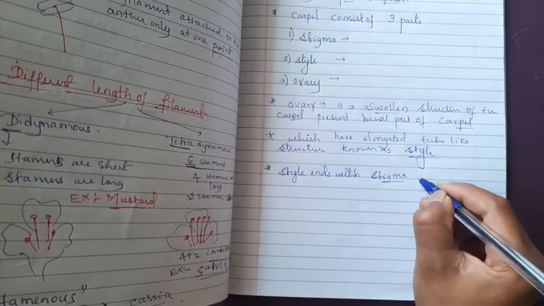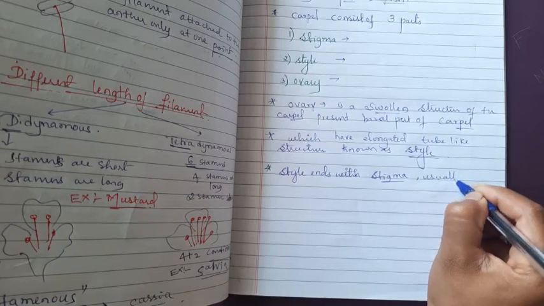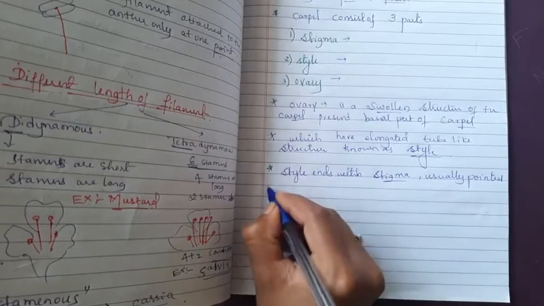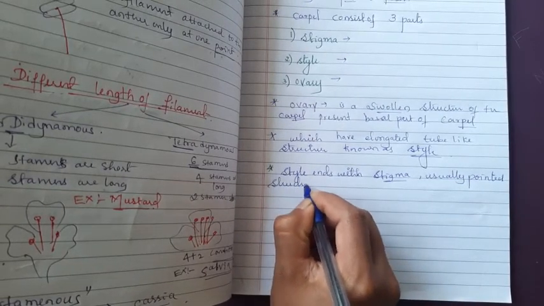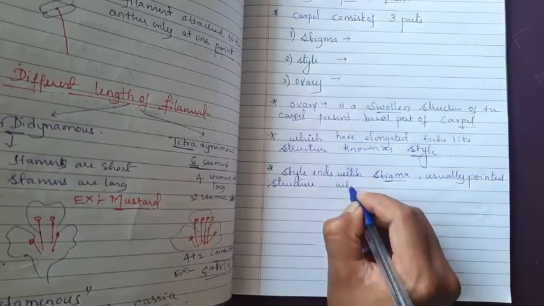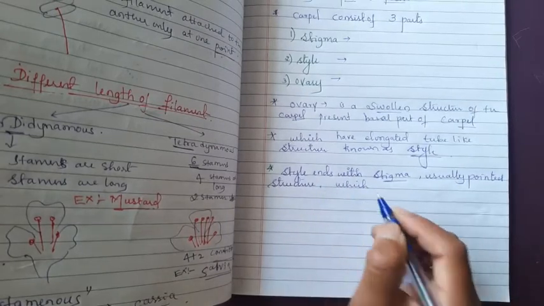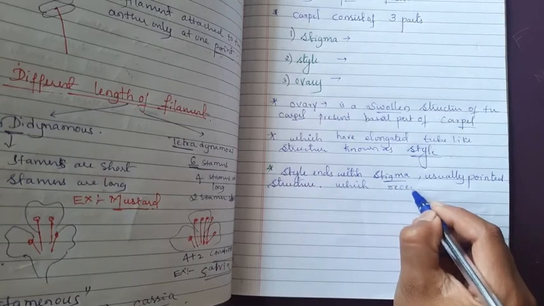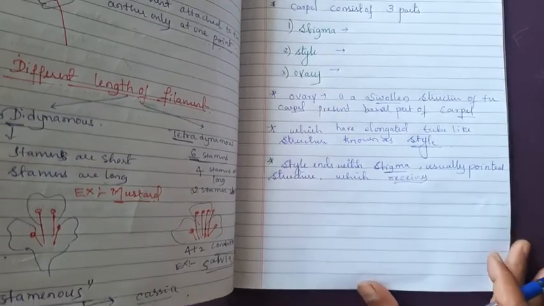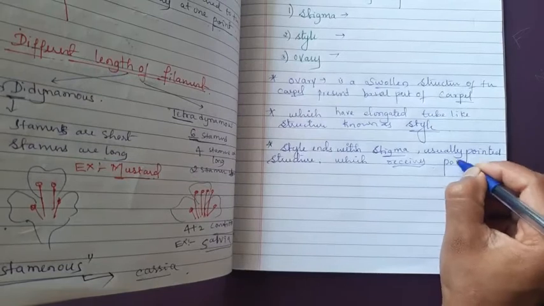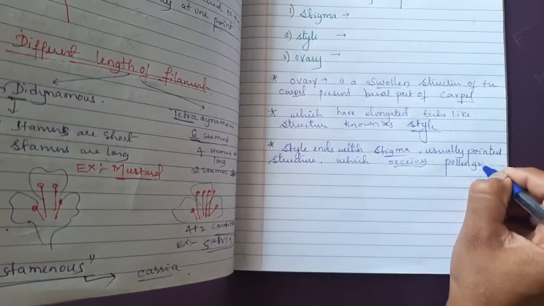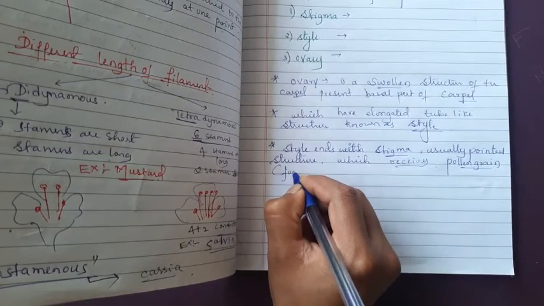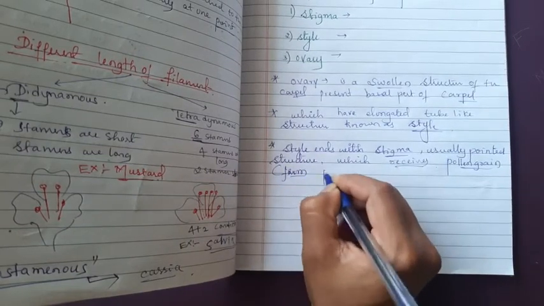Stigma is usually a pointed structure which receives pollen grains from pollination.